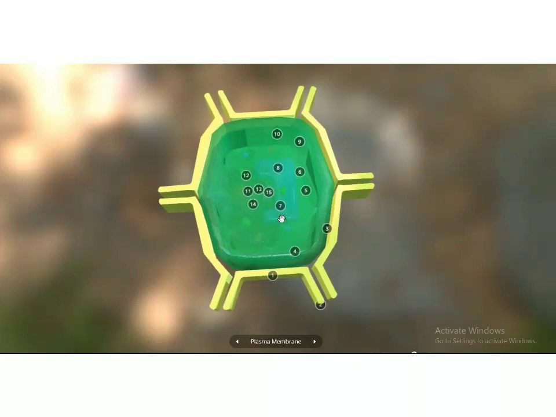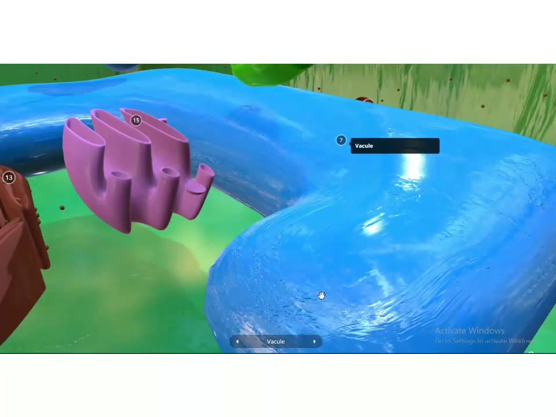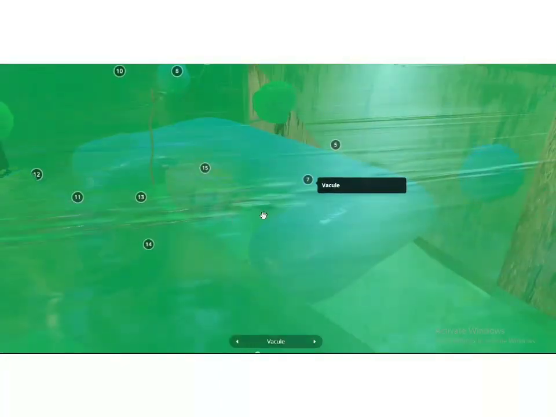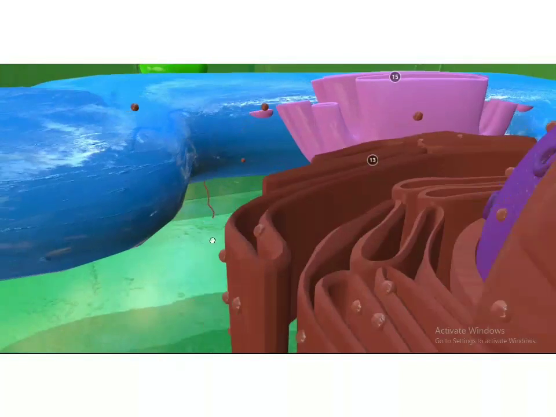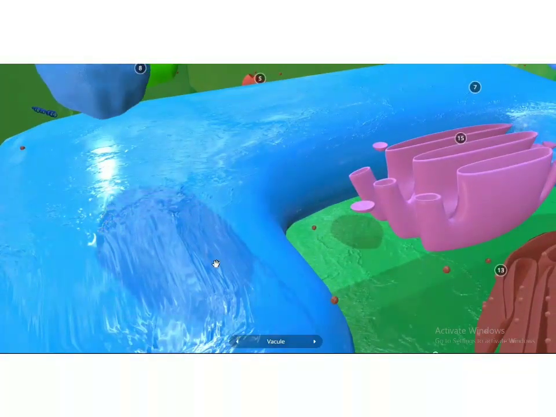Okay, so let's see the cell vacuole. This blue colored sac indicates the cell vacuole. Most plant cells have a large cell vacuole, but animal cells usually have tiny vacuoles.